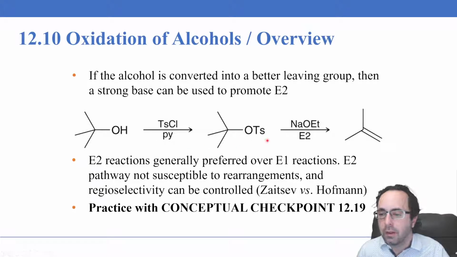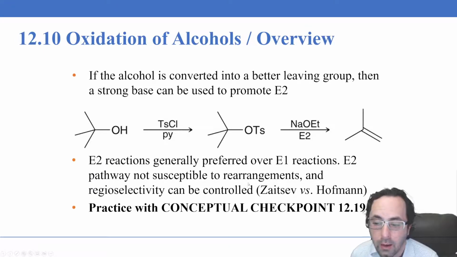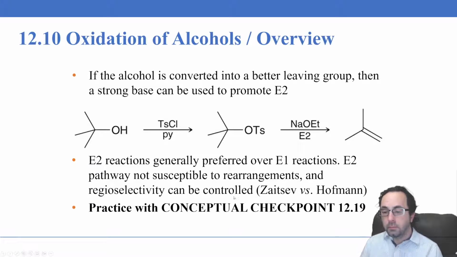So instead, we convert it to a tosylate and then use the elimination. So yeah, the E2 reactions are generally synthetically better too because they don't go through a carbocation intermediate, and so you're not going to get rearrangements, and you can control the regiochemistry depending on the base that you choose. If you choose a sterically hindered base, you can get the less substituted product. If you choose a non-sterically hindered base, you get the more substituted product.